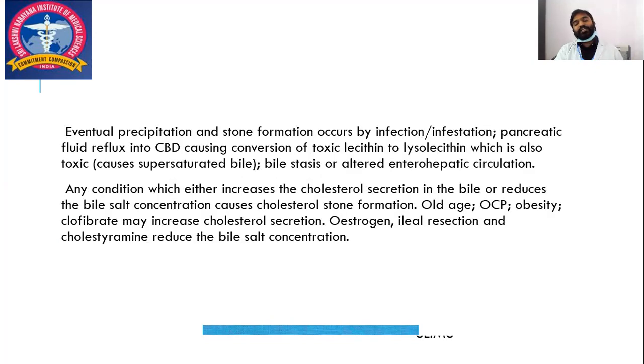Eventually, precipitation and stone formation occur by infection. Pancreatic fluid refluxes into the CBD, causing conversion of lecithin into lysolecithin, which is also toxic, causing supersaturated bile, stasis, or altered enterohepatic circulation.